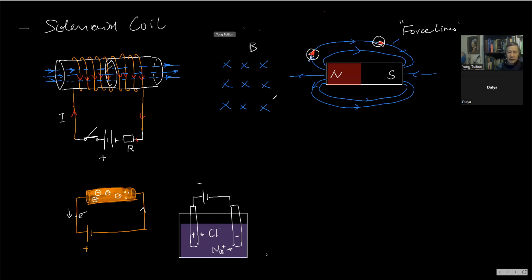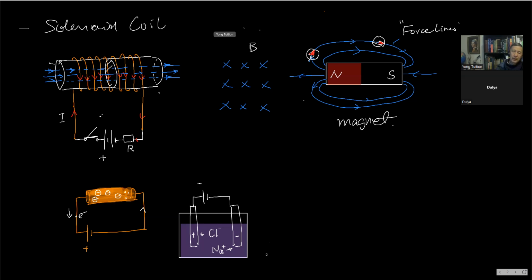Now, the question is, what is the similarity between these two devices? This side is a permanent magnet, and on the other side is the solenoid with the electrical current. So it's an electromagnet.